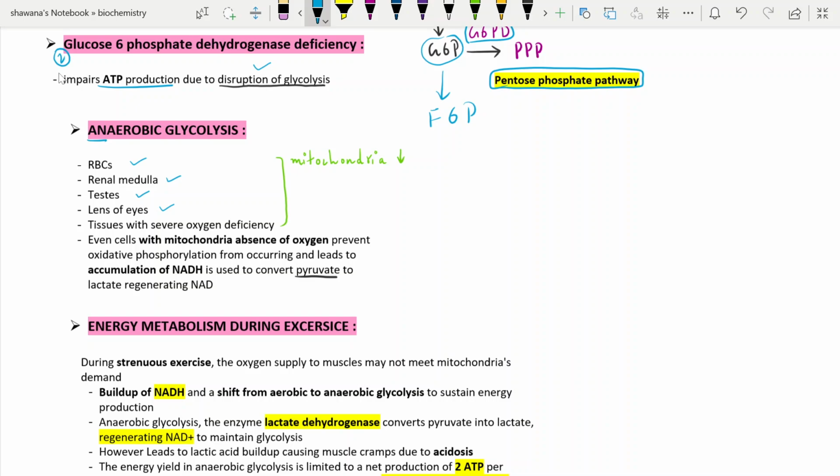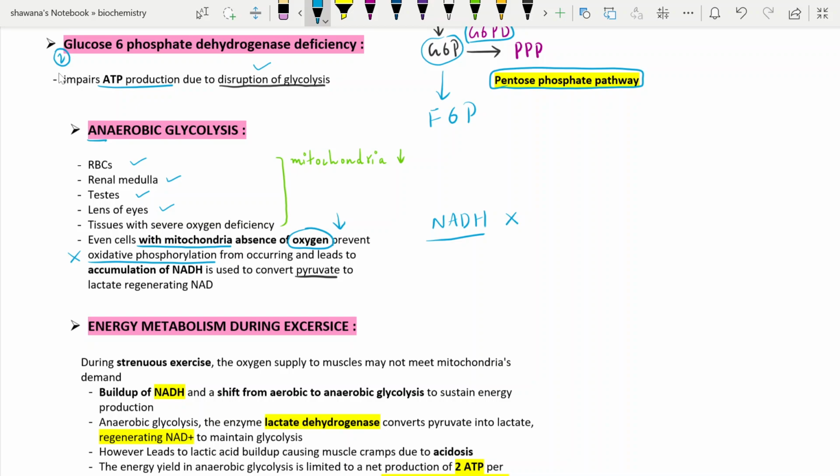But just remember that for cells with mitochondria, when they have hypoxia, when oxygen is low, oxidative phosphorylation cannot occur, and NADH, which was produced in glycolysis, cannot be utilized when there is no oxygen.